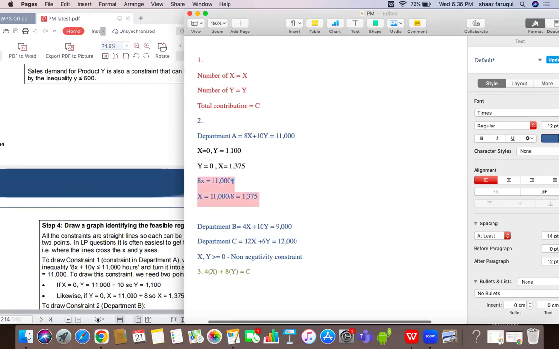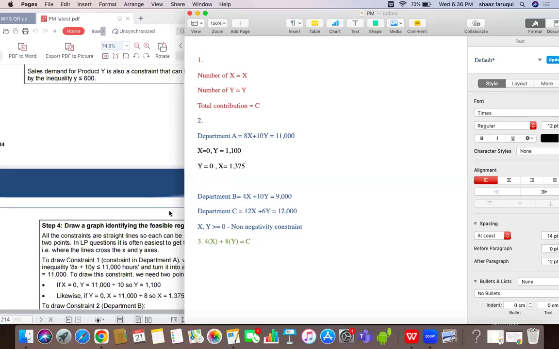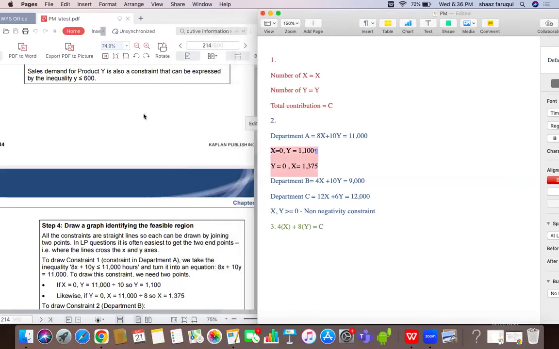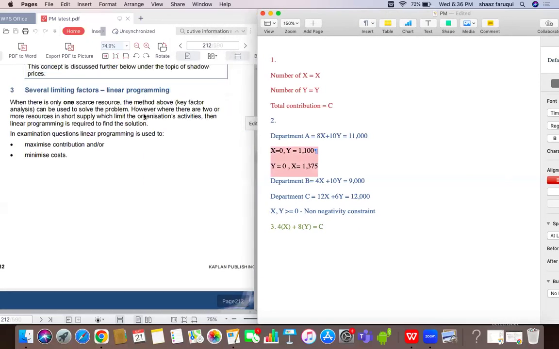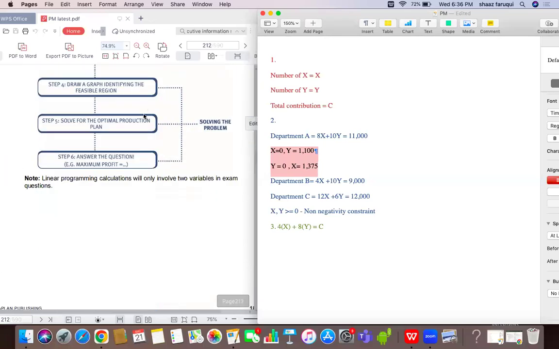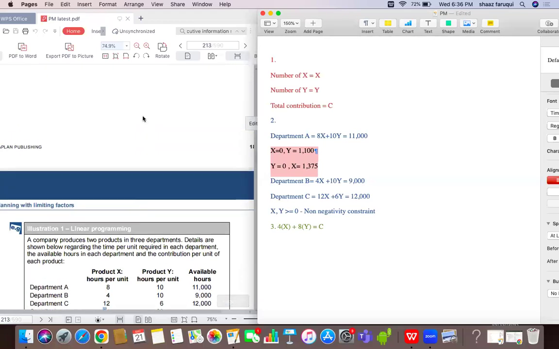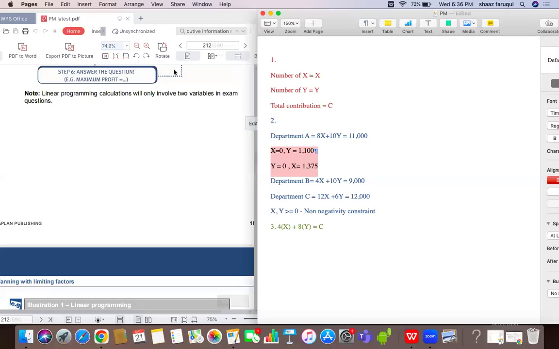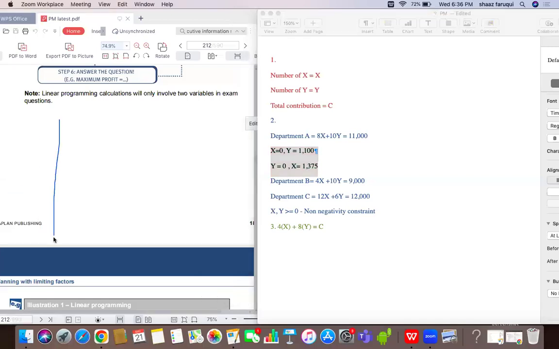So what I'm going to do is this. This I am going to plot on the graph. I want an empty sheet of paper. This I'm plotting on the graph. Okay, and this is my graph over here. This is the x-axis, so let this be the number of x's.